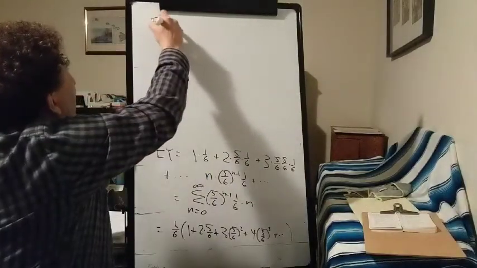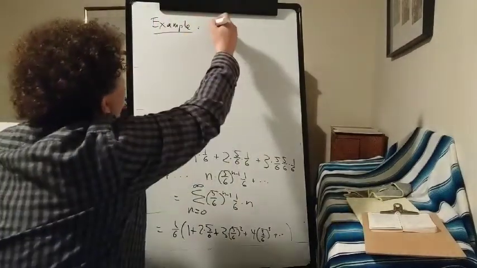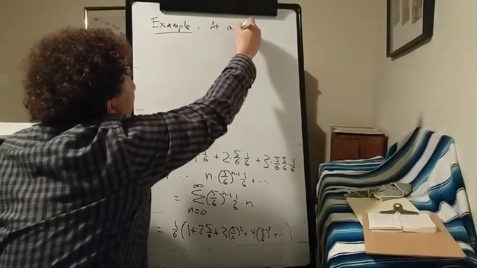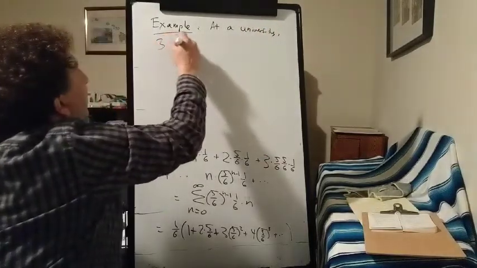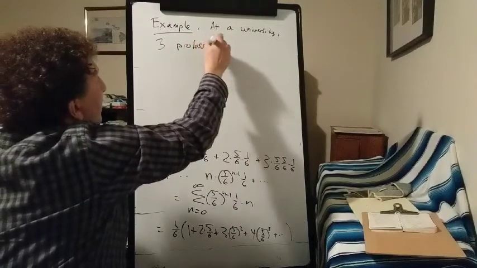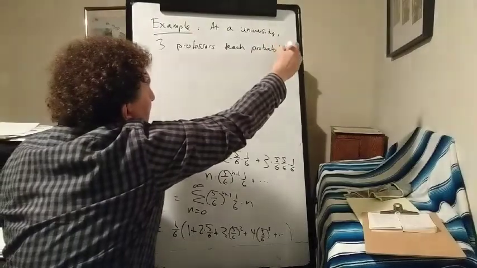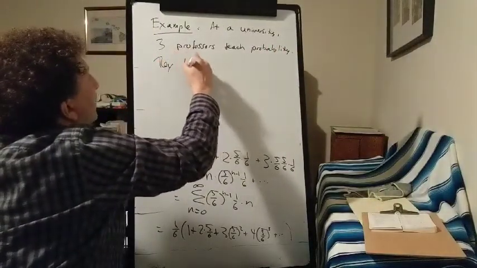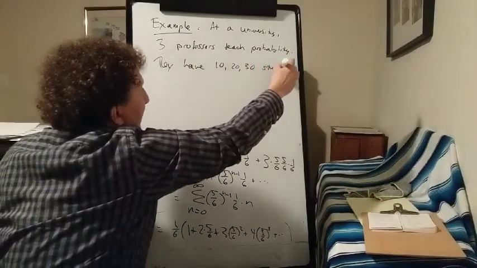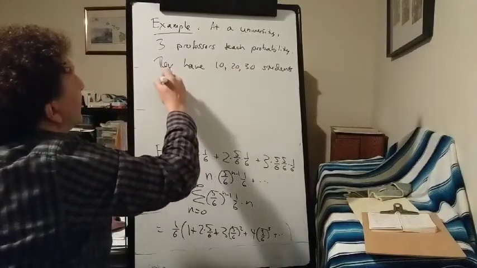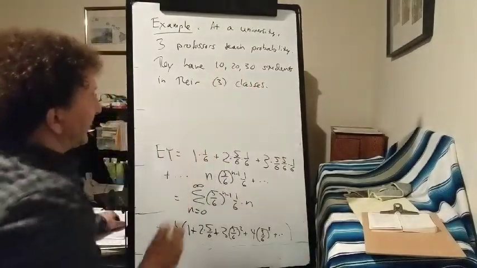So, for example, at a certain university, let's say 3 professors teach probability. And let's say they have 10, 20, and 30 students in their classes. And there are 3 classes because each professor teaches 1 class.